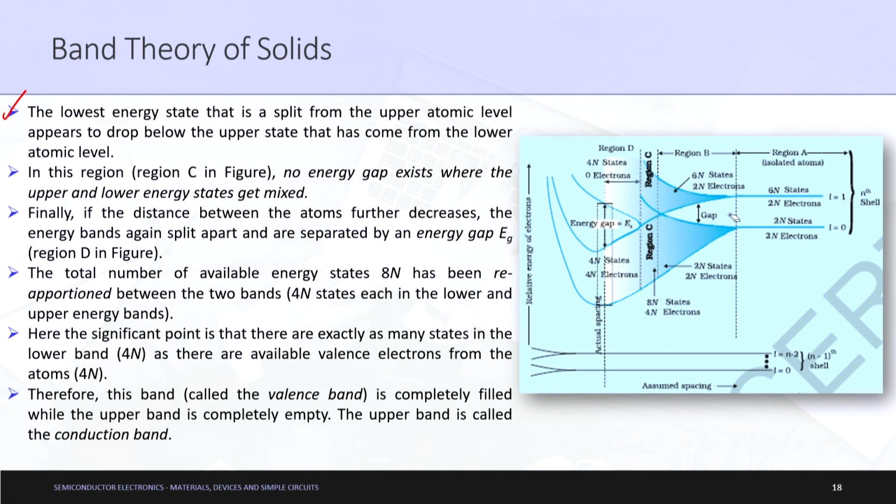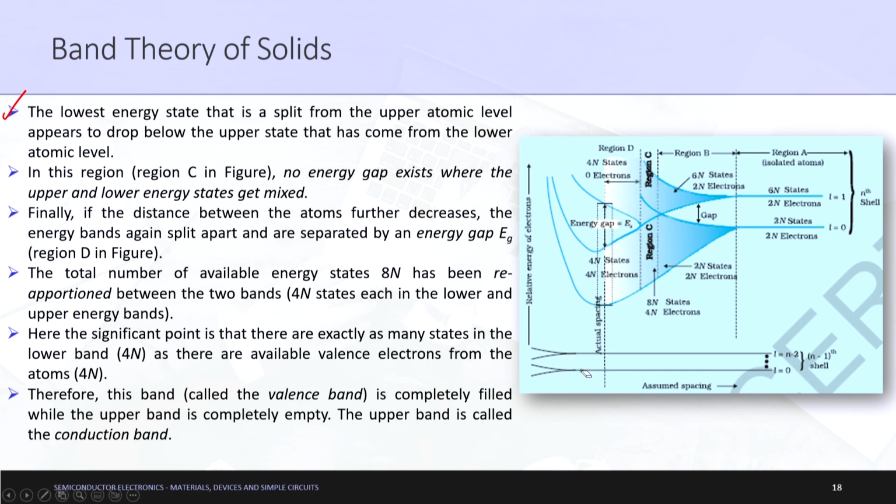Basically, this energy state was supposed to be lower, and this energy state was supposed to be higher. Now, due to the difference in the energy fluctuation, this energy state for some of the portions appeared to be at a lower state than the lower portion. This happened in some region called region C.